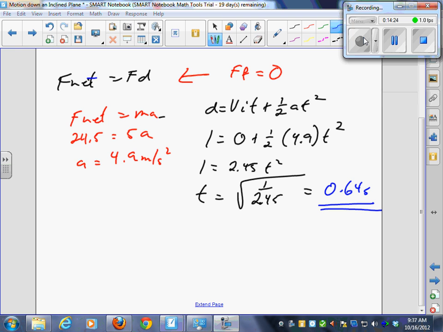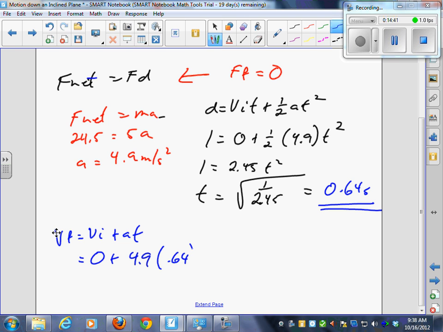The last thing that we're asked to find is the velocity at the bottom. vf equals vi plus at. Initial velocity is 0. Acceleration 4.9. t is 0.64, giving me a speed of 3.14 meters per second.